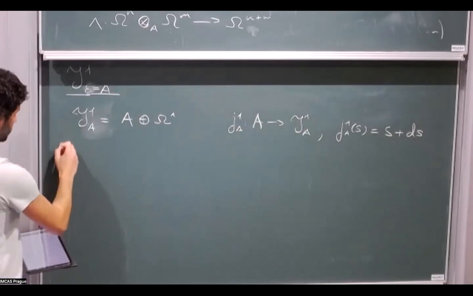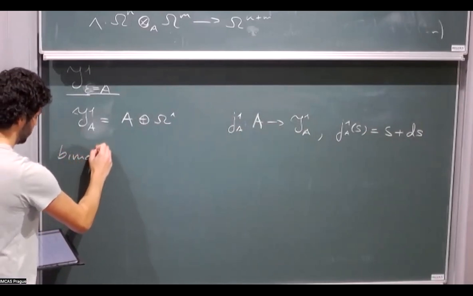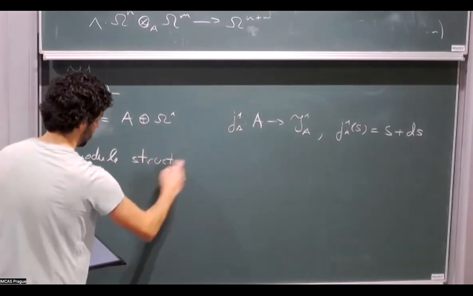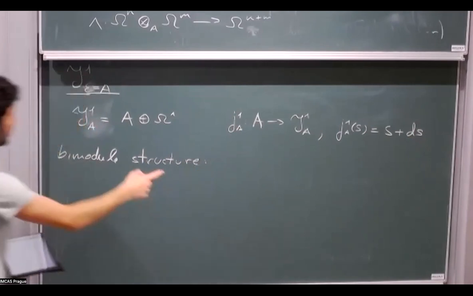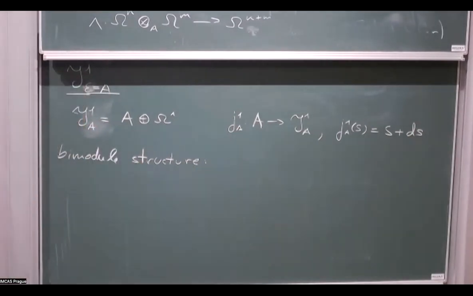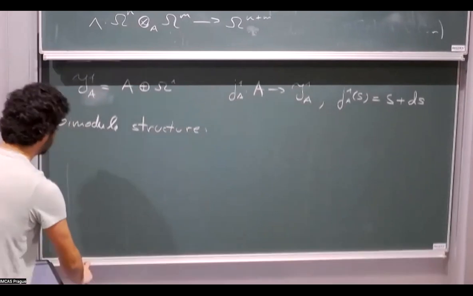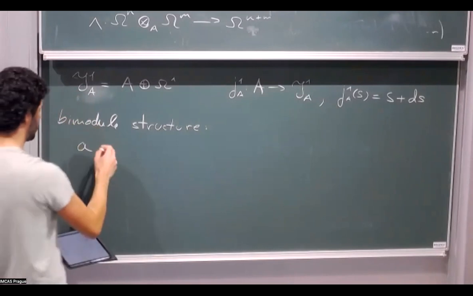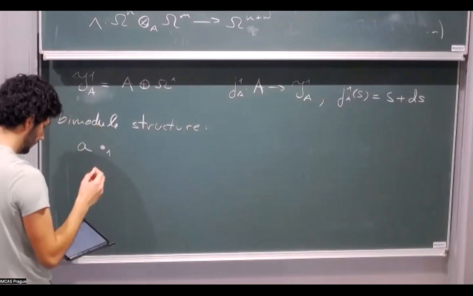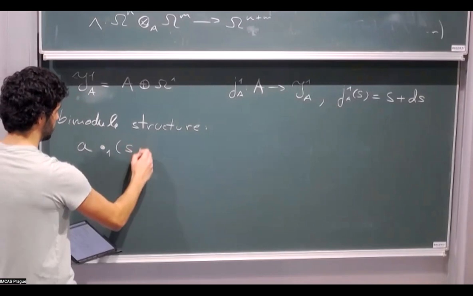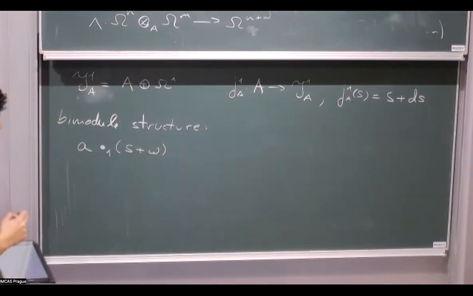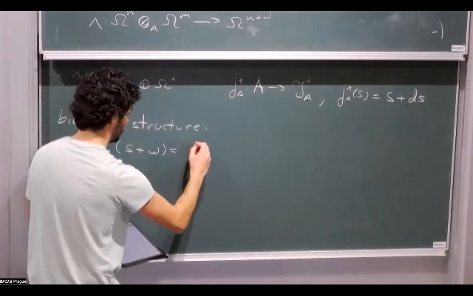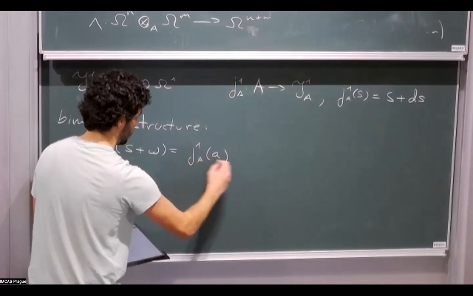And the bimodule structure here would be analogous to the one that we have found here. In this case, we write the action of the algebra on the module as a bullet. So bullet on s plus omega, which is in this space here, this would be J1A times s plus A omega.